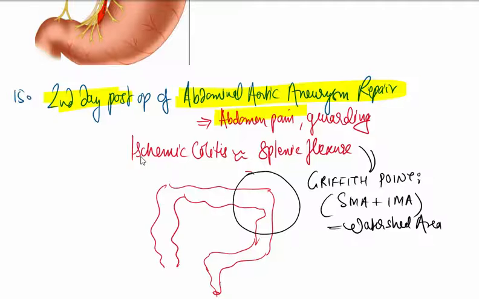This is due to what? Most probably ischemic colitis at this place. This is the splenic flexure, also known as Griffith point. It lies between the superior mesenteric artery and inferior mesenteric artery zones, a watershed area.